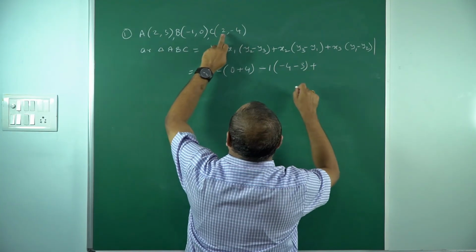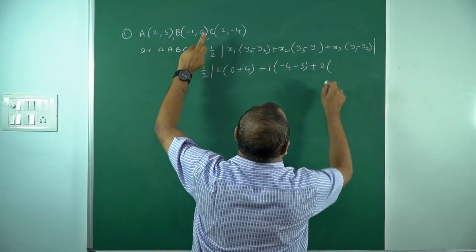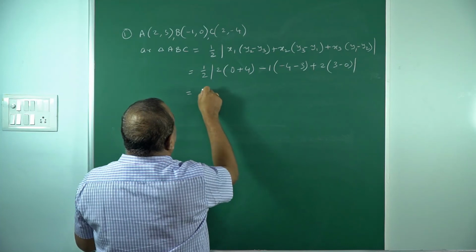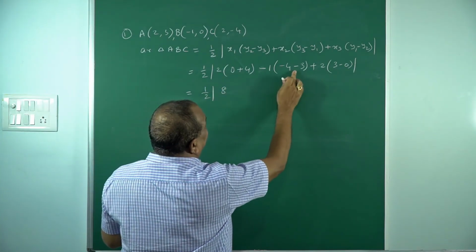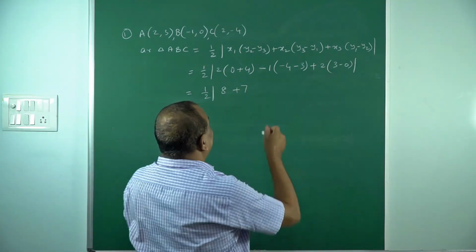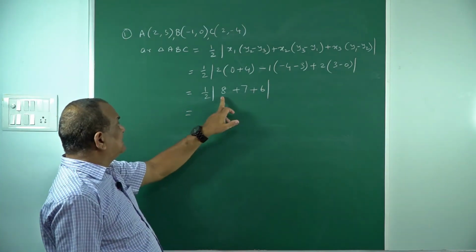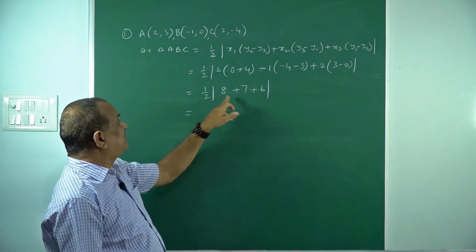And lastly, x3 is 2, times y1 minus y2: 3 minus 0. That's it. What is it going to give me? 2 times 4, minus 1 times -7, plus 7, and 2 times 3 is 6. And 8 plus 7 is 15. 15 plus 6 is 21. And half of 21, of course.